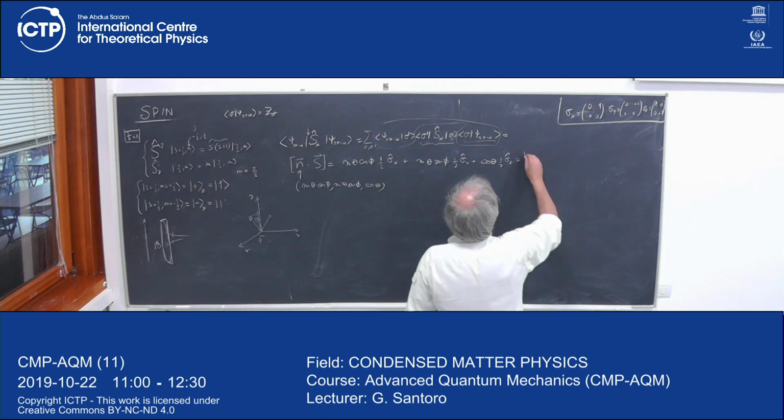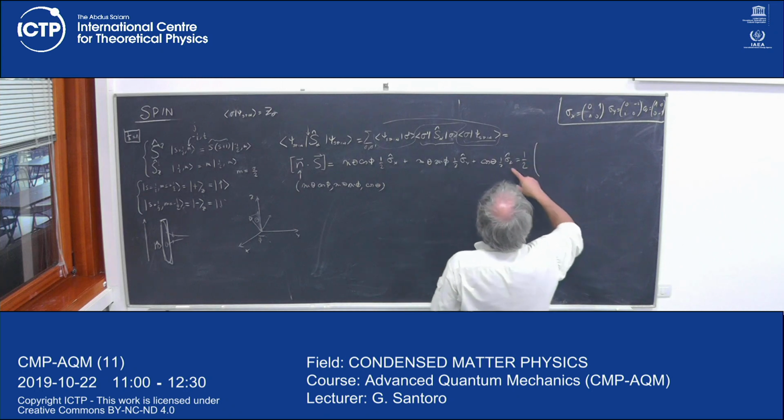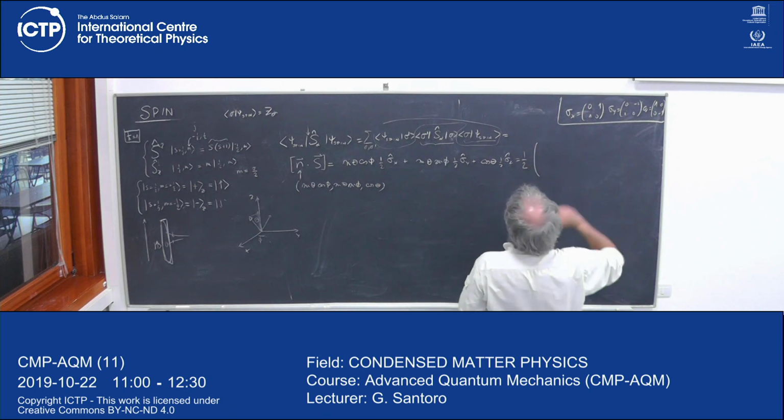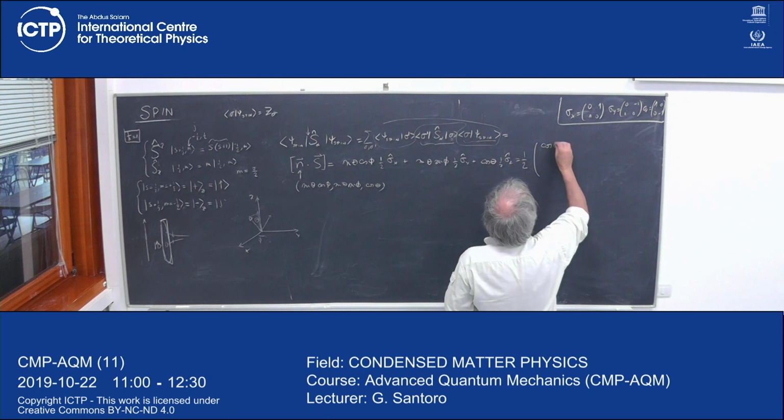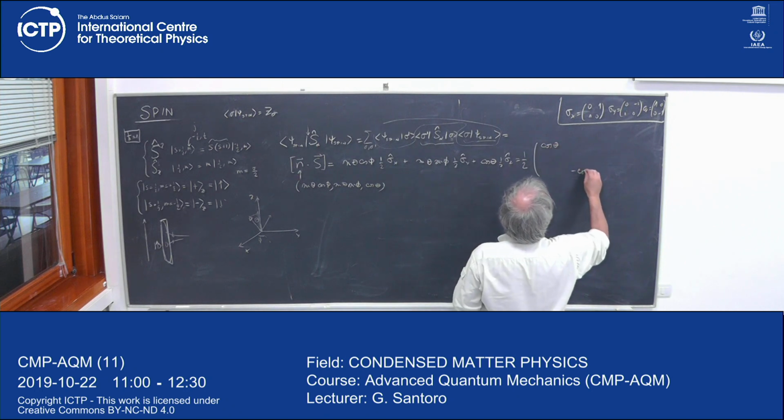Let's do the calculation. So there is a 1/2. On the diagonal there is only sigma z, and therefore here I have cos theta, and here I have minus cos theta.